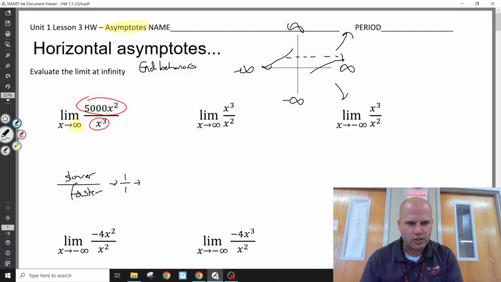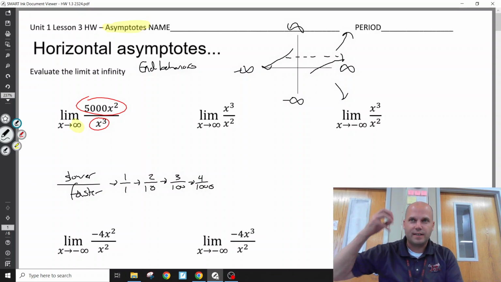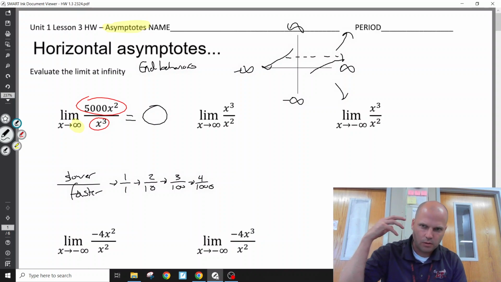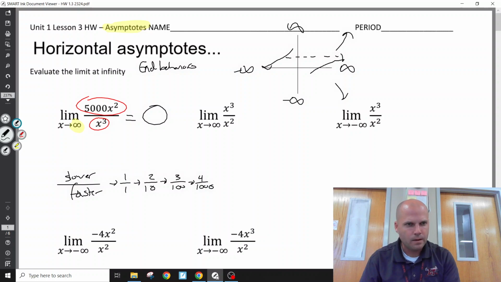I just kind of understand. If I'm slowly growing in the numerator, like adding 1, versus multiplying by 10 in the denominator, what is happening? Every subsequent fraction is a smaller and smaller value until we approach 0. So slow over faster, boom, we're approaching 0.